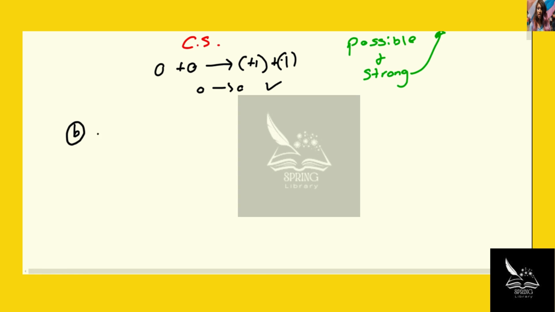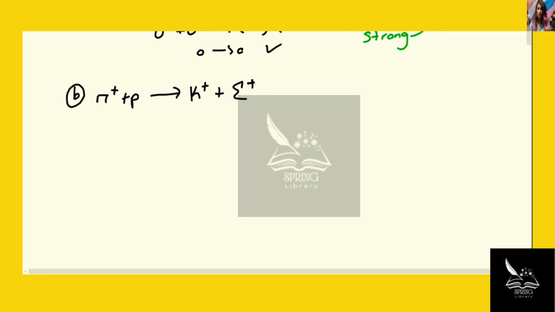Now let's do the second reaction. The second reaction is pion plus proton going to a kaon plus the sigma baryon. I write my pions like this, just in case you're curious.